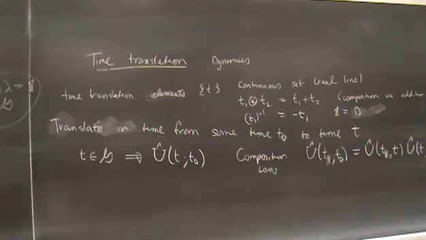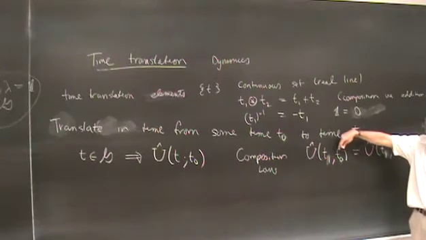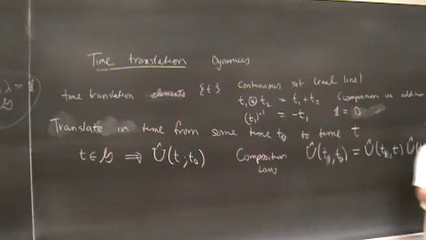Here's a composition law, which says I translate from t0 to t, and then from t to t1. That's the same thing as translating from t0 to t1, if t is between t0 and t1.